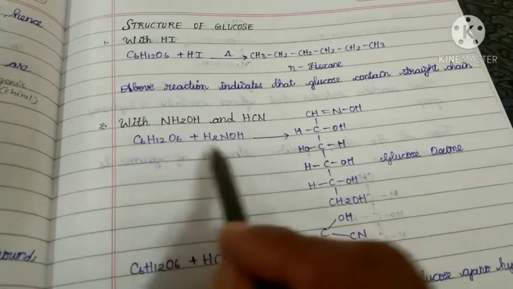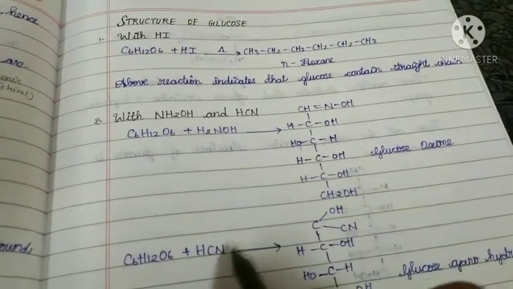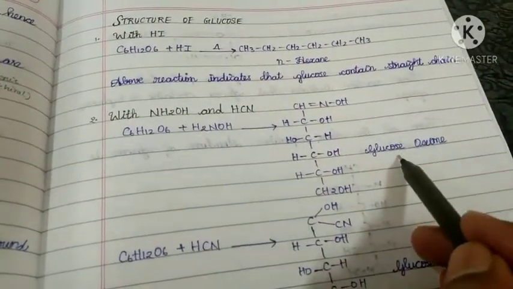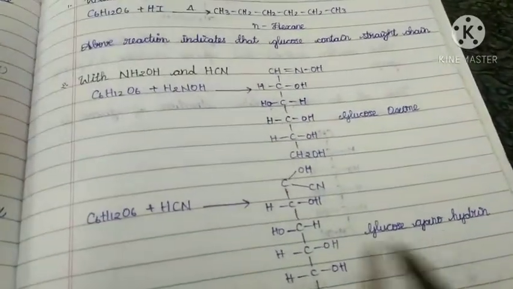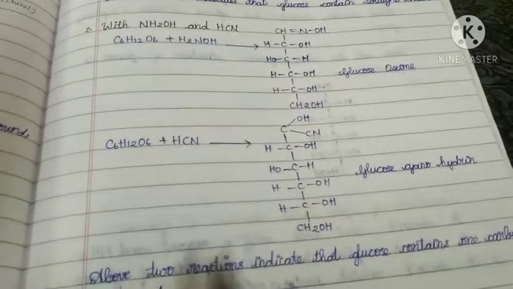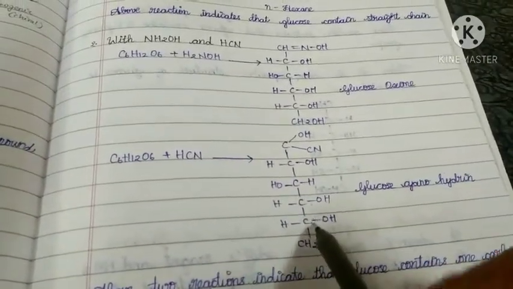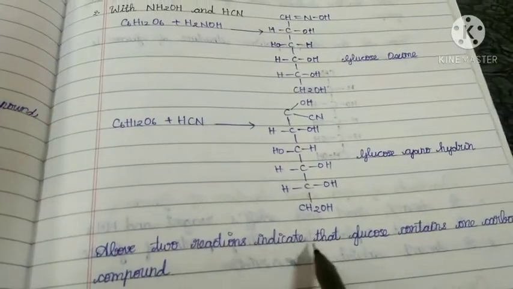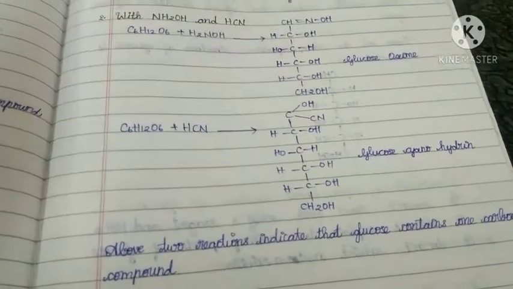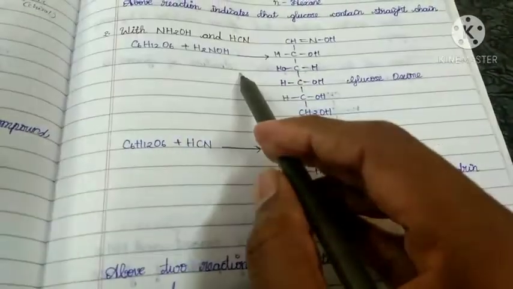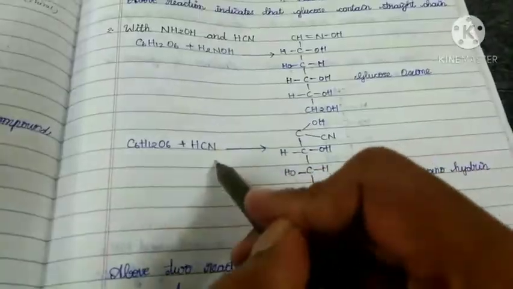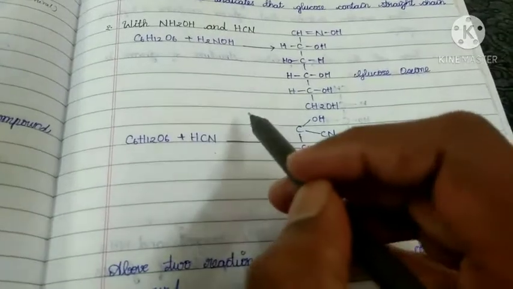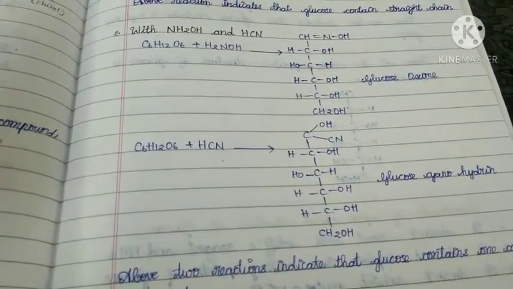When glucose reacts with hydroxylamine, we get glucose oxime, and when it reacts with HCN, glucose cyanohydrin. From these two points, we can say glucose contains one carbonyl group because only carbonyl compounds react with hydroxylamine as well as HCN. We saw already those reactions in the carbonyl compounds chapter.